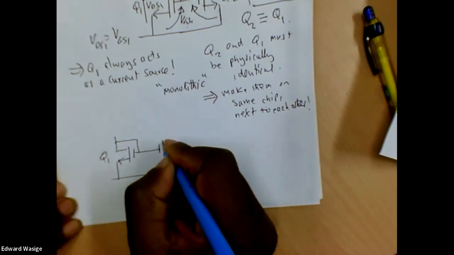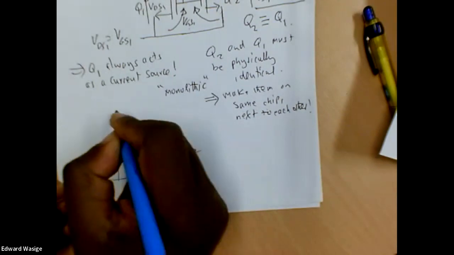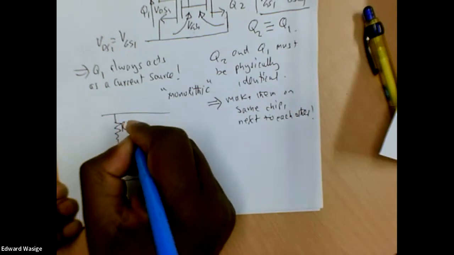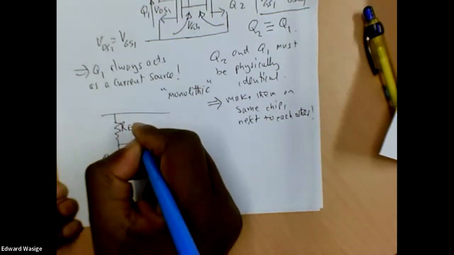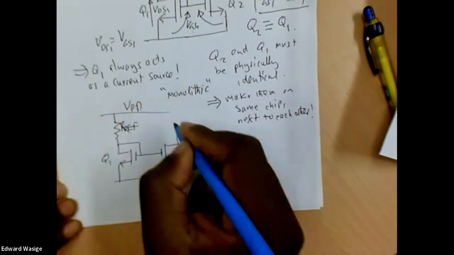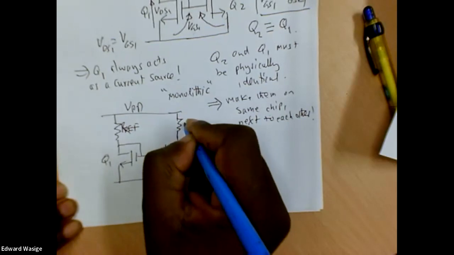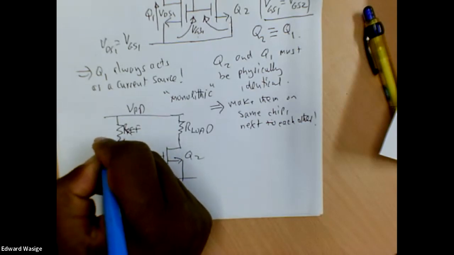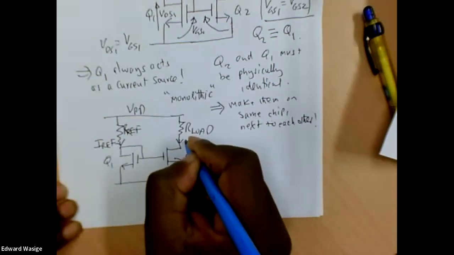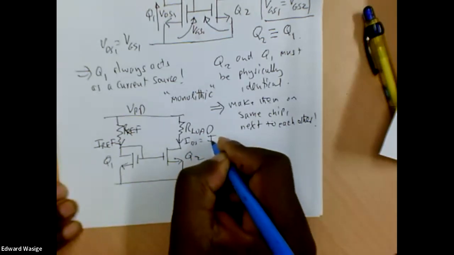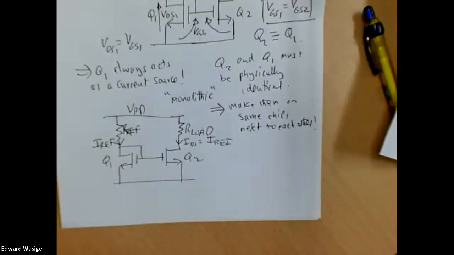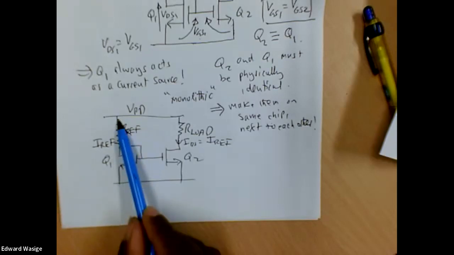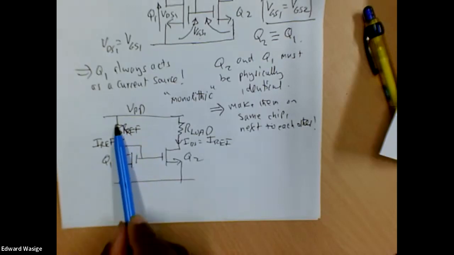So this is Q1, this is Q2, IREF, VDD, R load. The current that flows through there is IREF. IDS here is equal to IREF. If we vary the value of IREF, we'll vary the current that can go through this path.